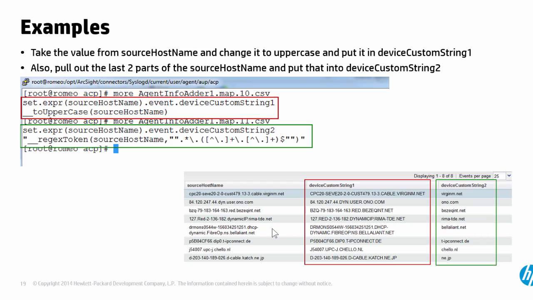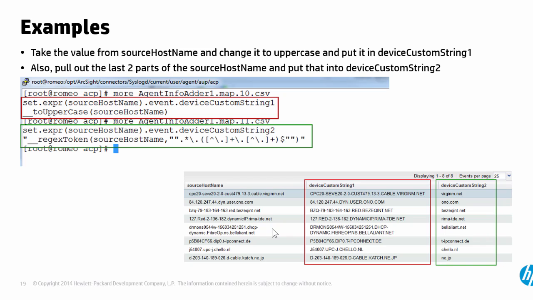A couple more examples here, largely the same sort of thing, but you'll see that I'm actually using two files here, 1.0 and 1.1. So each of them are doing slightly different things. In my first one, in 1.0, I'm copying to uppercase the source host name into device custom string 1. And in the second one, I'm grabbing everything minus the host and copying it to device custom string 2.